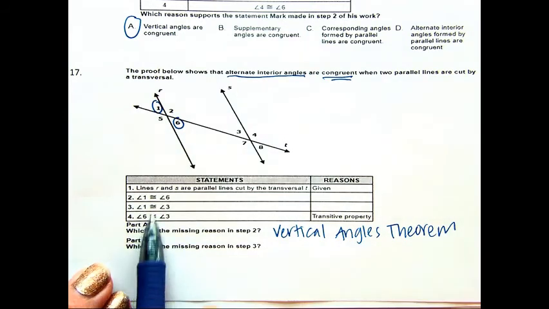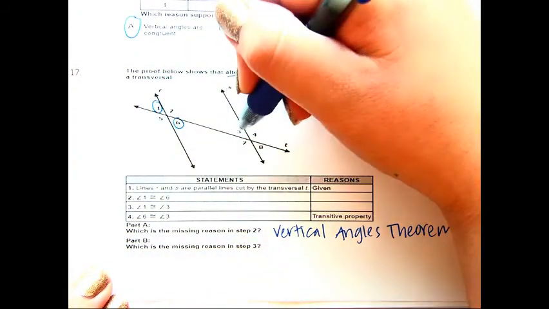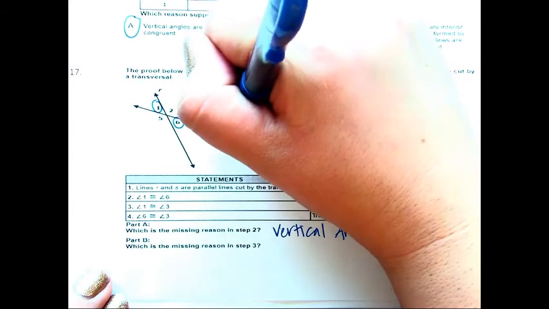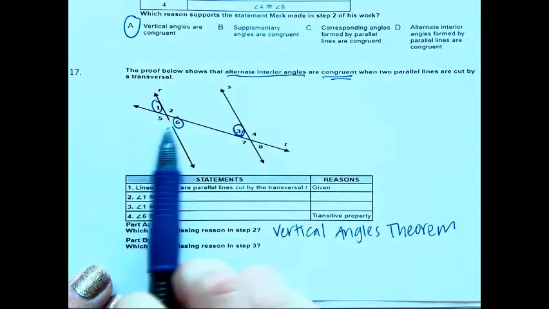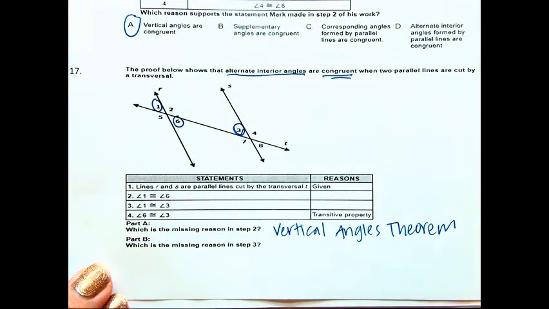And then part B, so angle 1 and angle 3. 1 and 3 are congruent. Well, angle 1 and angle 3 are corresponding. So they're corresponding angles.